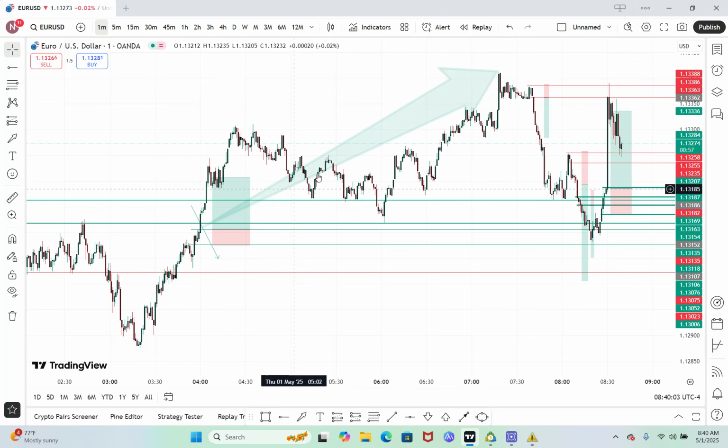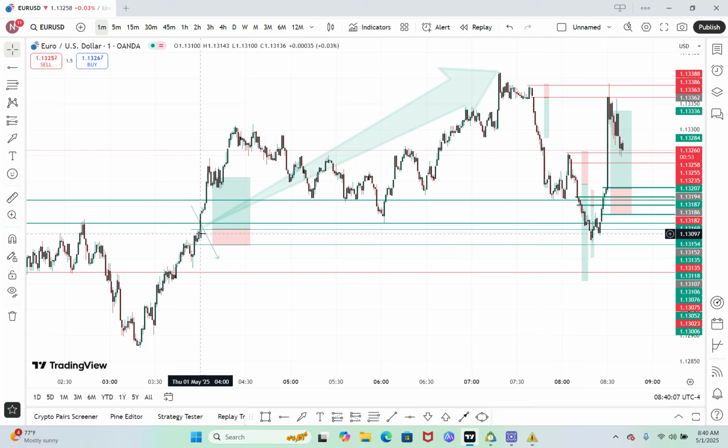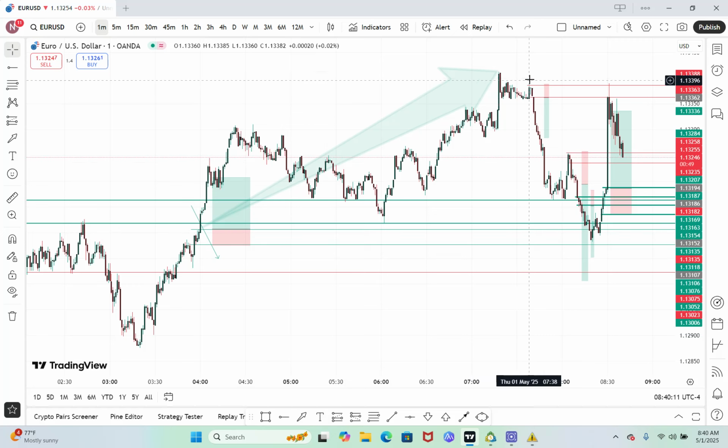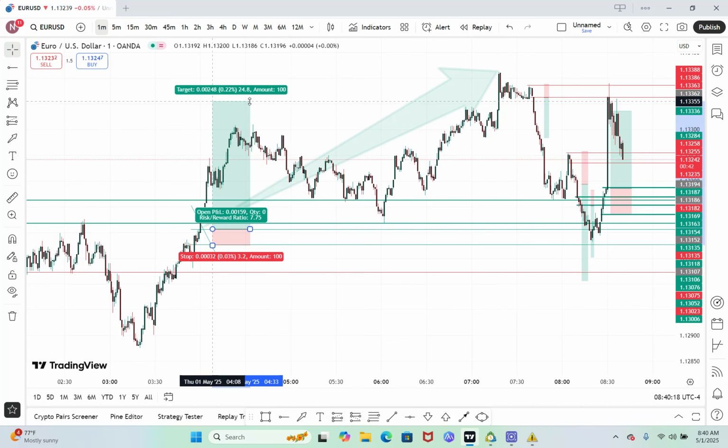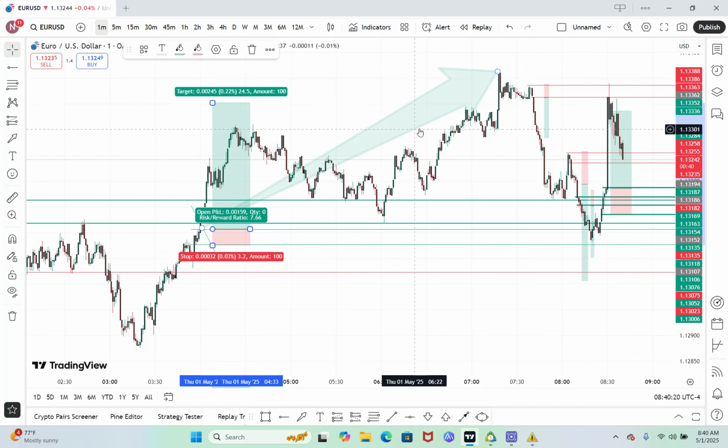This is our entire profitability for this trade, because the market moved away in profit from here to here. If we wanted, we could have taken profit right here in front of this market structure.